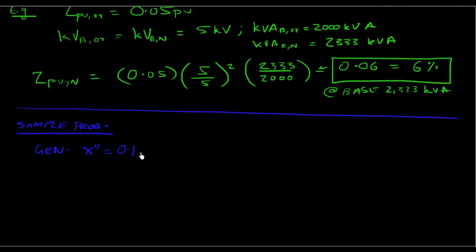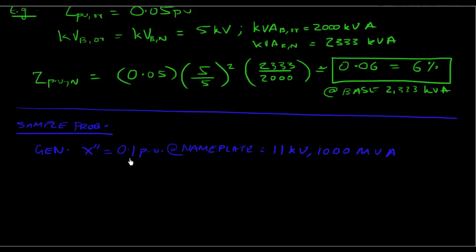Let's say you're given a subtransient reactance of 0.1 per unit, and this is given at a nameplate rating. So there's a nameplate for the generator. The nameplate is, let's say, 11 kV and 1000 MVA, right?